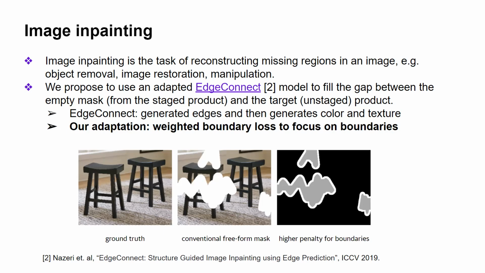What we did differently in our setup is we created these masks, but then we changed the loss function to focus more on the boundaries, because our motivation was, hey, we want to in-paint the holes left by removing products, and we really want to be good at the boundaries where the product was removed.